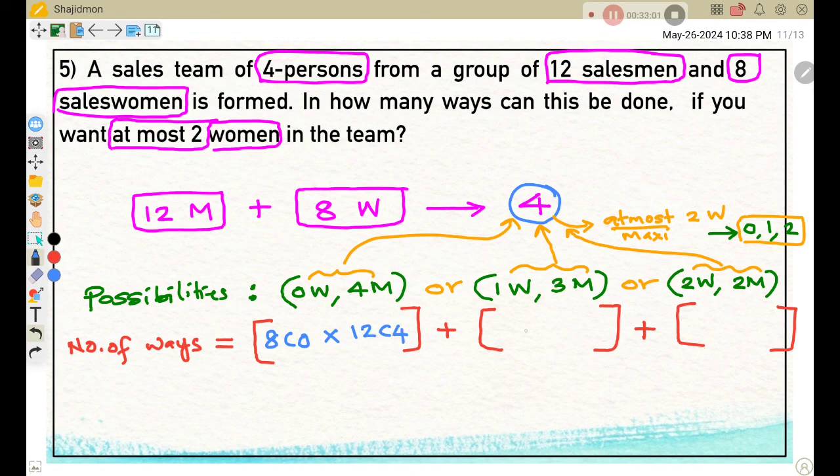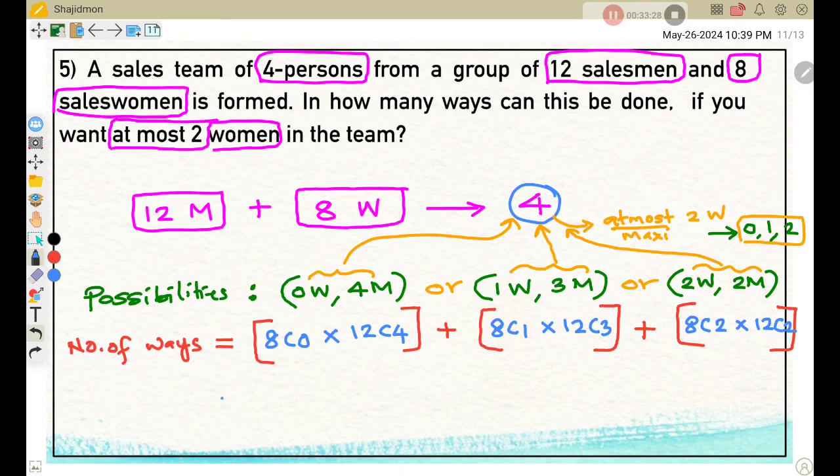Now plus, or means plus, the second, 1 woman out of 8: 8C1 multiply 3 men out of 12: 12C3. Now 2 women out of 8: 8C2 multiply 2 men out of 12: 12C2. Okay, hope you understood this one.